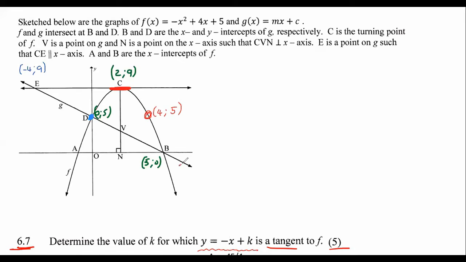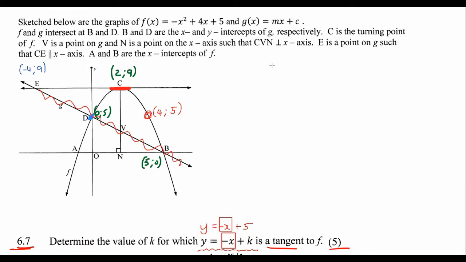So the line, this line that we had earlier was y equals to negative x plus 5. So can you see that these two gradients are exactly the same? Okay, but it's only the y-intercept that is changing with them.